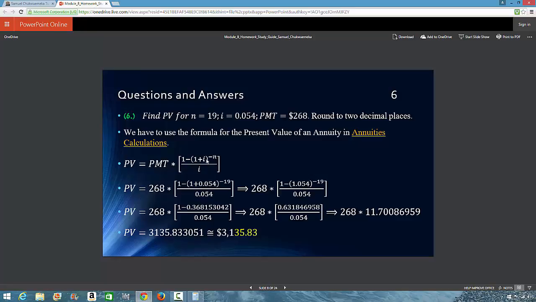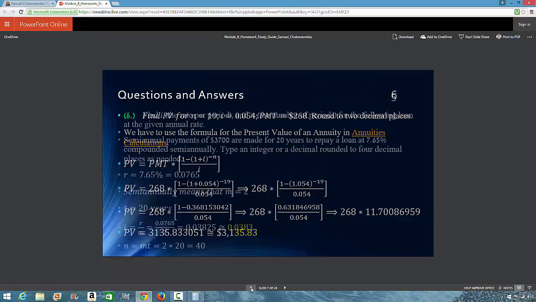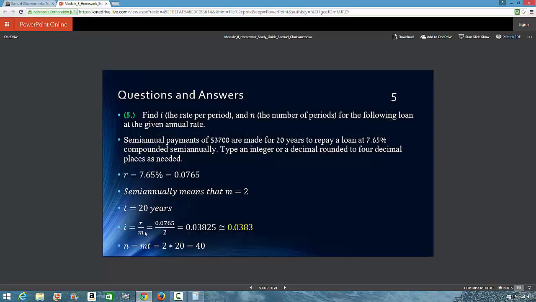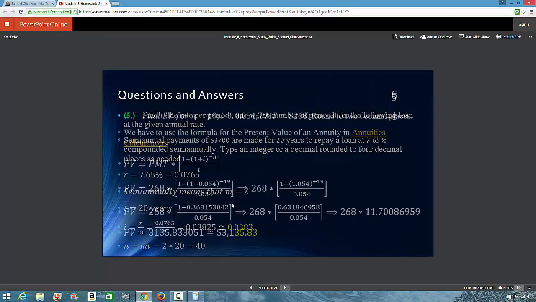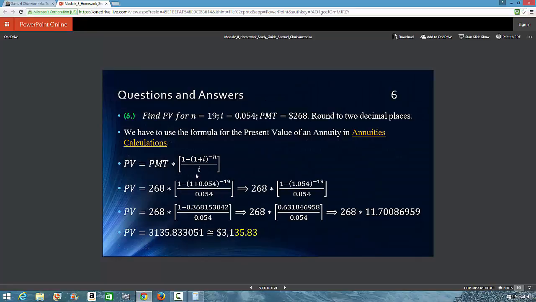You know that I is equal to R divided by M, and N is equal to M times T. So what if they didn't give you N, they just gave you M and T, and for I they didn't give you I, they gave you R and M, because we saw here that I is R divided by M. So you use another formula that has that.